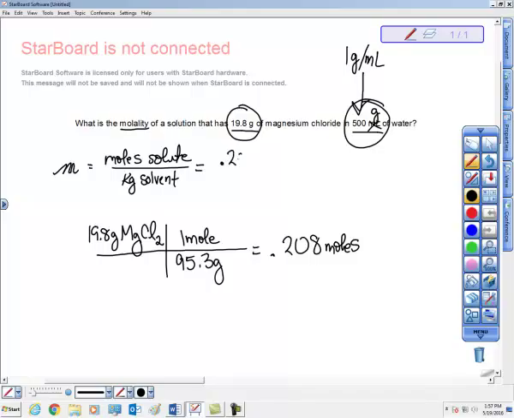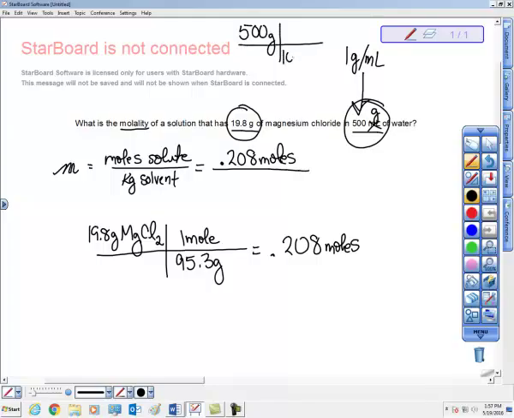All right, so looking at what we need to plug in, I'm going to put the 0.208 moles on the numerator. And then the mass has to be in kilograms. That's very specific. So this may be 500 grams, but how many kilograms is that? How many grams are in a kilogram? 1,000. So think of it this way if you want.